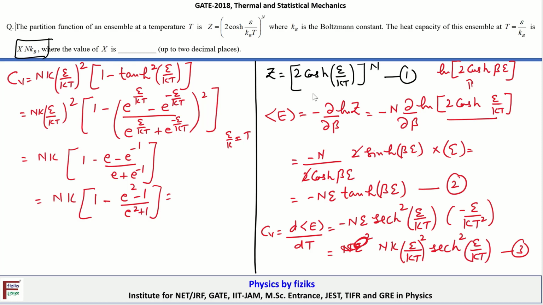The value of the term in the bracket is 1 minus 0.58, so the answer comes out to be 0.42 n k_B. Therefore the value of x is 0.42.